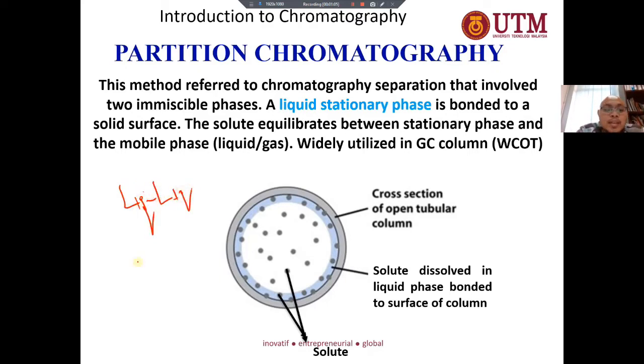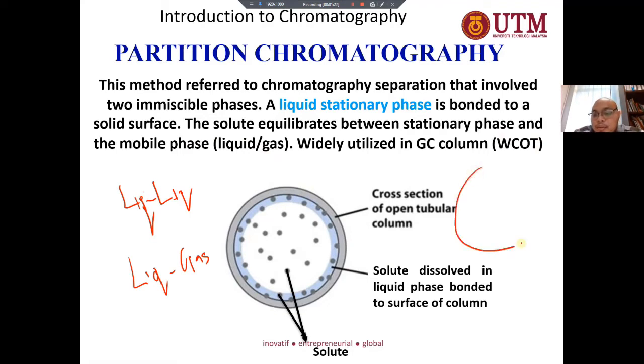It can be liquid-gas as well. A liquid stationary phase is bonded to a solid surface. For example, in the gas chromatography column, we have the wall-coated open tubular column.